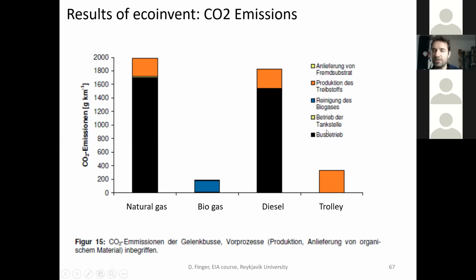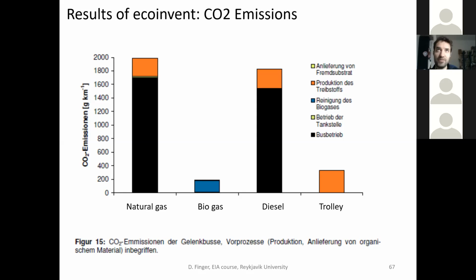Trolley buses run on electricity. So in principle, it's just a Swiss electric mix. Swiss electricity is composed of about 60% hydropower, maybe 40% nuclear power, and then there's a little bit of renewable energy from different sources: photovoltaics, wind, and also a little bit of fossil thermal power plants, but mostly nuclear and mostly hydropower.